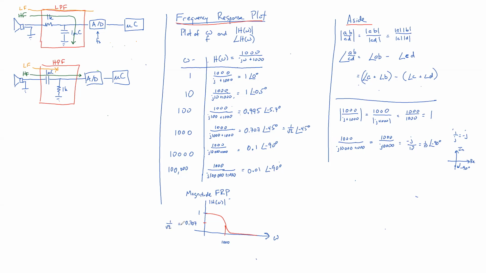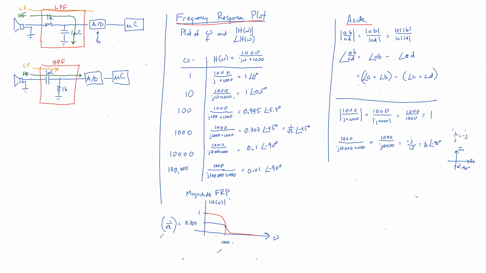And the reason for such an unusual looking place where we define when the filter has cut things down from 1 to 0.707 as being the cutoff frequency, rather than something that seems more obvious, like 0.5, is that if you've got a filter and it cuts down the voltage by 1 over the square root of 2, then if the result's going through a resistor, it'll also cut down the current by 1 over the square root of 2. And that means it will cut down the power by 1/2.